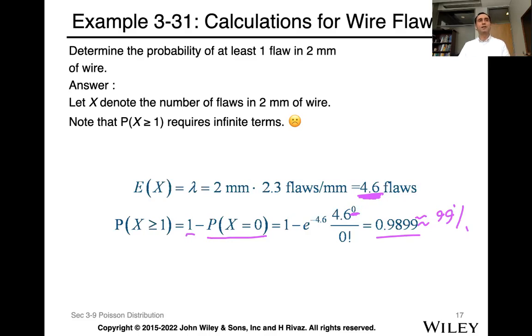My intuition told me that if you have 4.6 flaws on average, there would be around a 5% chance that I have no flaws. But my intuition was actually wrong. So this here is 1%. There's only a 1% chance that I don't have any flaws.